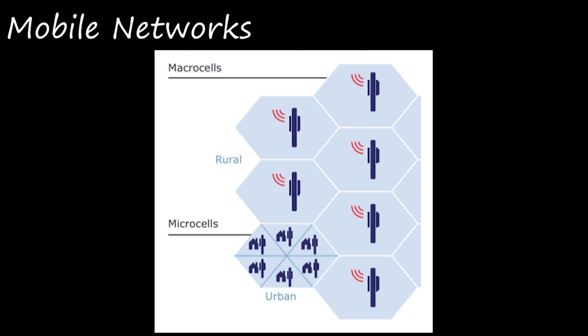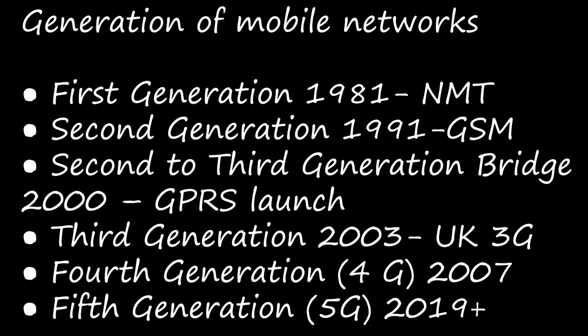The generations of mobile networks: the first generation, 1G, is 1981, that is NMT, Nordic Mobile Telephone, launch, right? We'll see this in detail; now I'm just saying the headings, right? The second generation is 2G, in the year 1991, that is Global System for Mobile Communication, GSM, right?